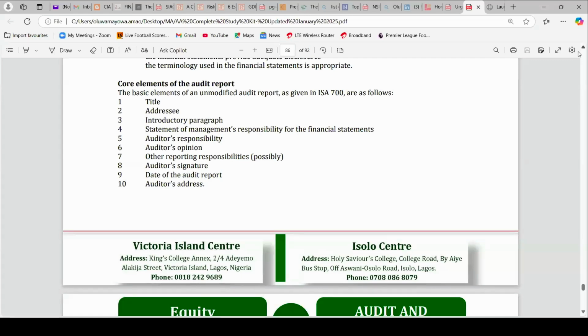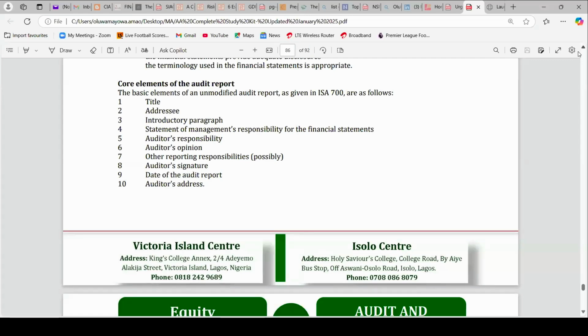So management responsibility will be stated as well as the auditor responsibility. Then the other reporting responsibility. These are the other people that are responsible for this, maybe audit committee, board of director, shareholders. Then the name of the engagement partner and signature, then the auditor's address, the date, and that's it.